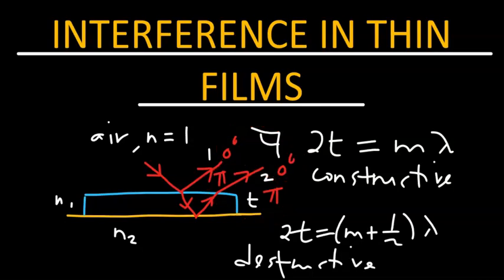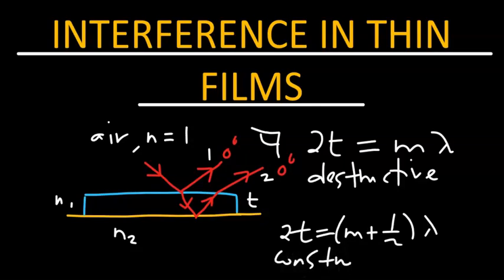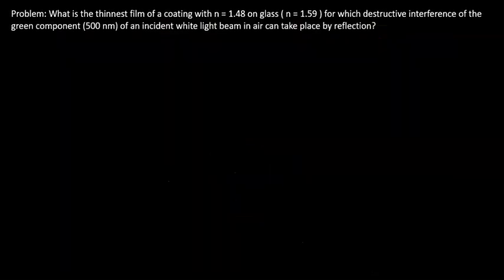So to repeat, this is provided that neither or both have a half-cycle reflection phase shift. However, when only one of the two waves has a half-cycle reflection phase shift, then the top equation represents the condition for destructive interference, and the bottom one represents the conditions for constructive interference. So they flip.